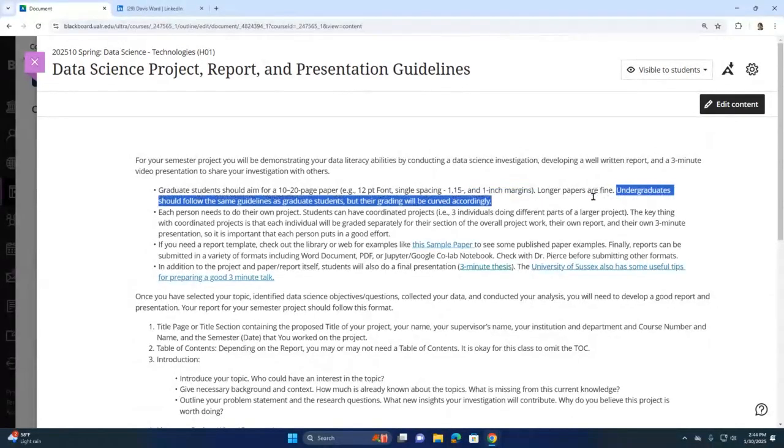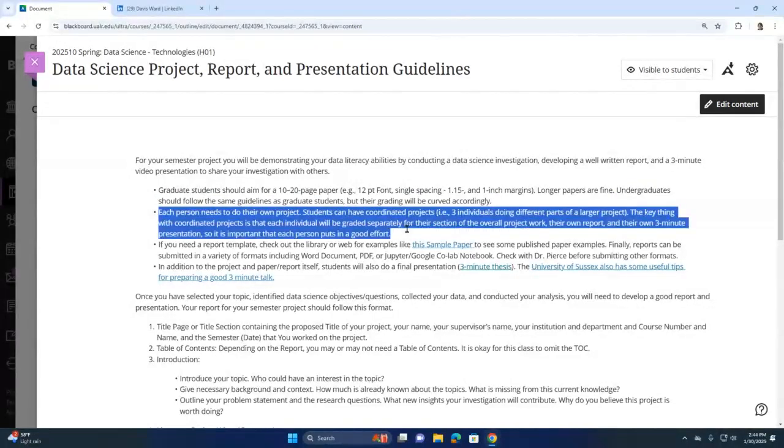And then, for any undergraduates, they should follow the same guidelines as the graduate students, but their grading is curved. So what happens is I look at the graduate papers in one pile, but then I have the undergraduate papers in a separate pile, and I'll rate those differently. So it's kind of like a golfing handicap. Each person needs to do their own project.